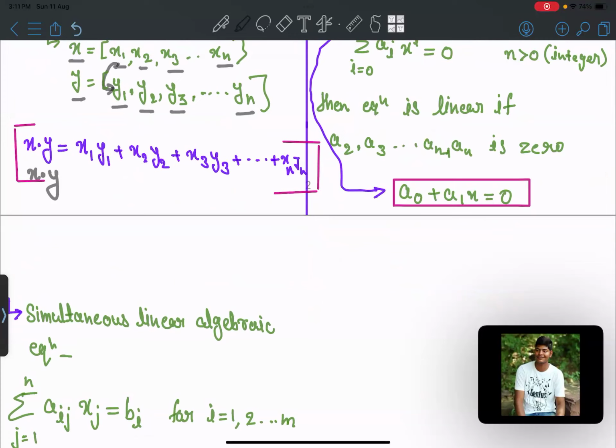The first term is multiplied by the first, the second by the second, the third by the third, and the nth term by the nth. So x dot y gives x1 y1 plus x2 y2 plus x3 y3, and so on up to xn yn.